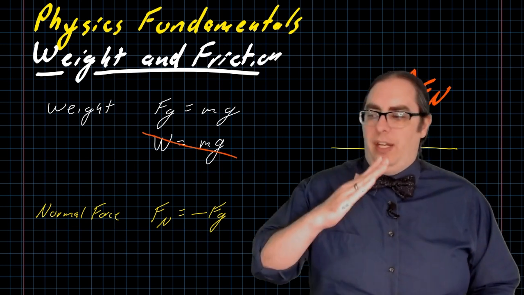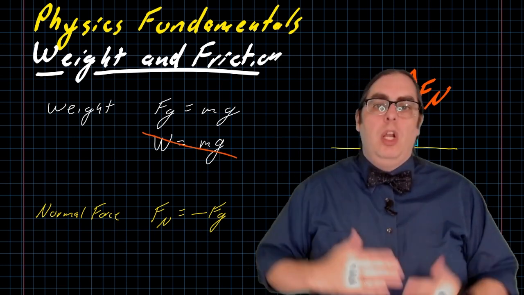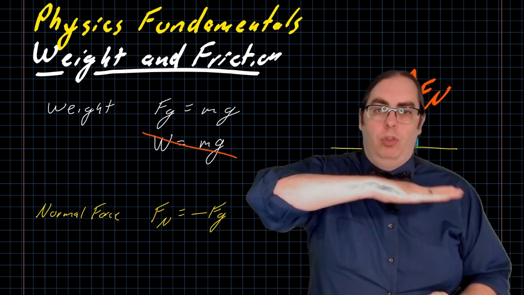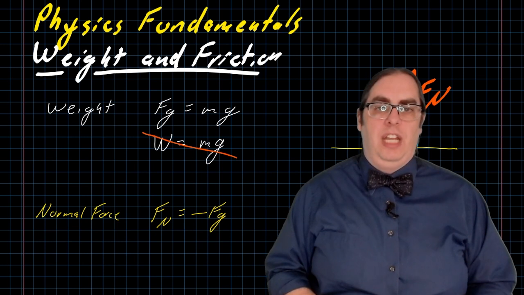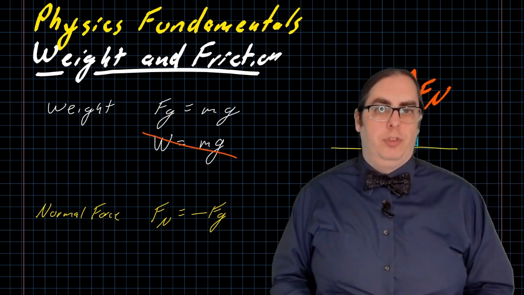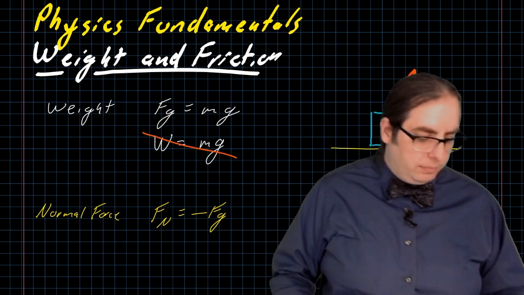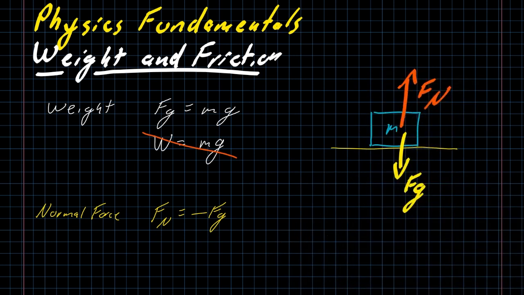If you have a floor that is tilted, the normal force is going to point at a weird angle. For right now, we're going to stick with nice horizontal surfaces like floors and tables. So the normal force points straight up, the gravitational force points straight down. It makes our lives a lot easier. All right.